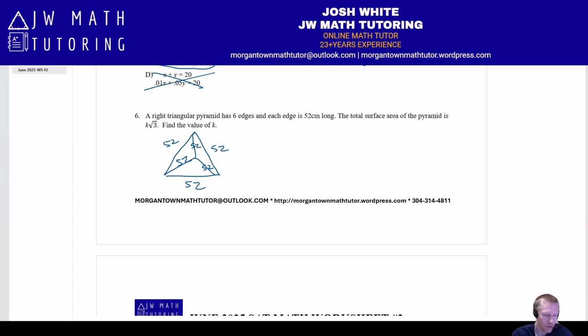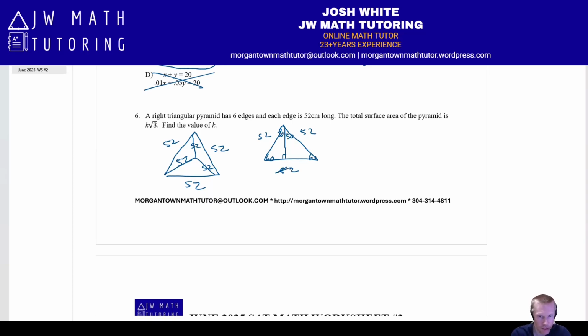All right, so if you just take one face here, an equilateral triangle, 52, 52, 52, and you want to find its area, you can split it up. Since it's equilateral, this is 60, this is 60. The 60 at the top is split into 30 and 30.